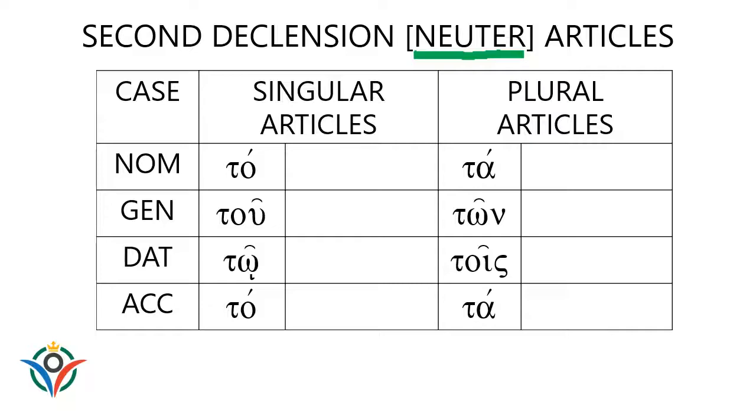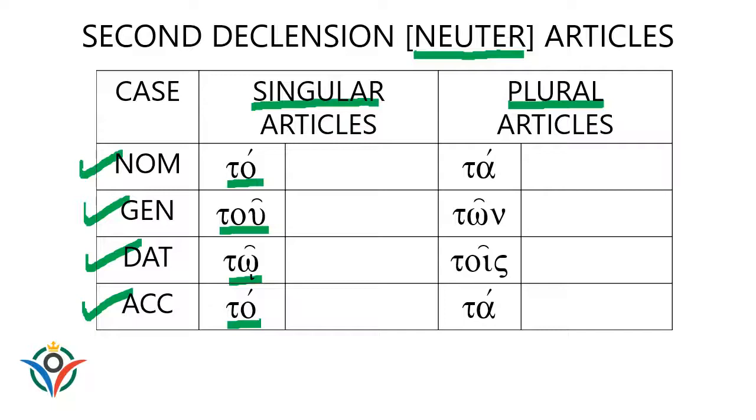If you remember, we always begin with a case in the following order: the nominative, genitive, dative, and accusative. And we'll look at the singular forms first and then the plurals. So let me help you with the pronunciation of these articles. The nominative singular is to, genitive, tou, dative, to, accusative, to.